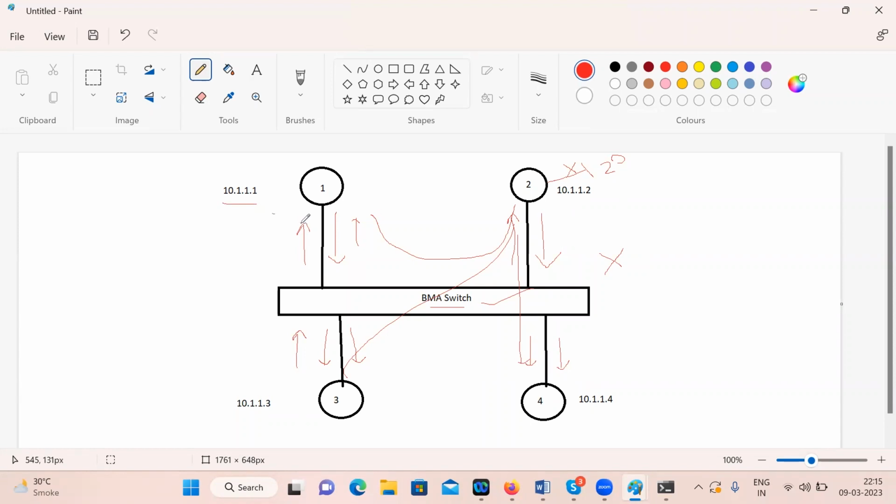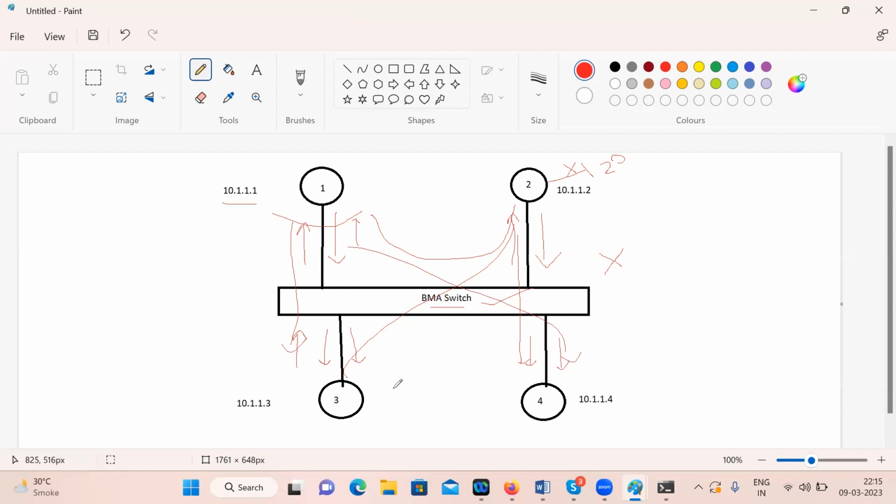Router 1 thinks, router 2 informed me about the changes, so it is now my responsibility to inform my neighbors. Router 1 will exchange that same information with router 3 and router 4.